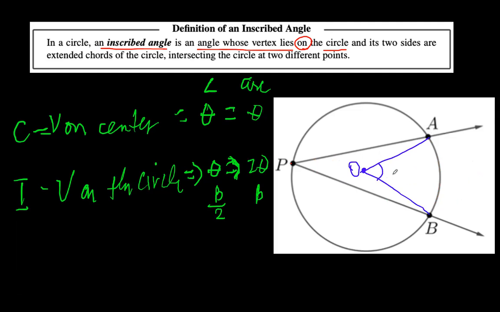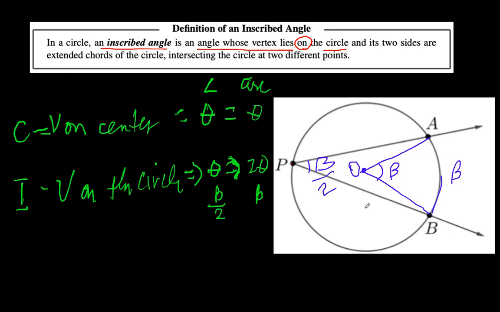Now, if this is equal to beta, of course, since it's a central angle, its intercepted arc AB is equal to beta as well. And since this arc AB is also the intercepted arc of the inscribed angle APB, therefore this is beta over 2.